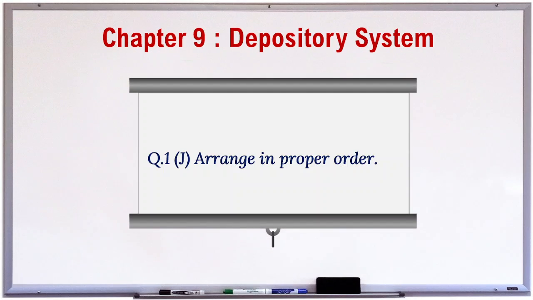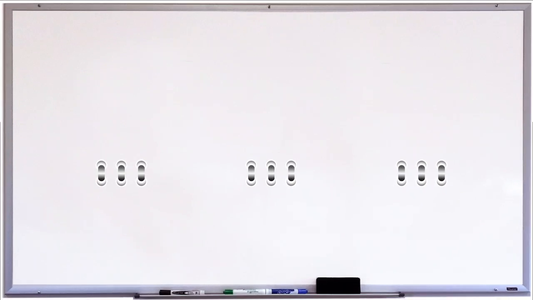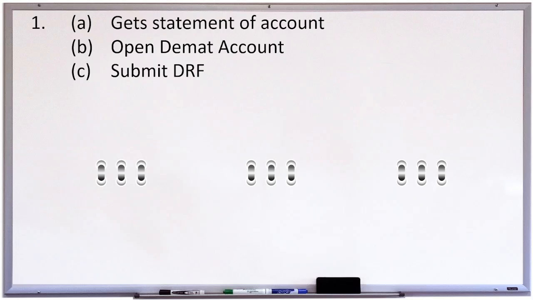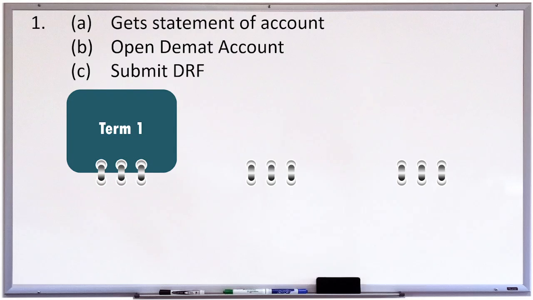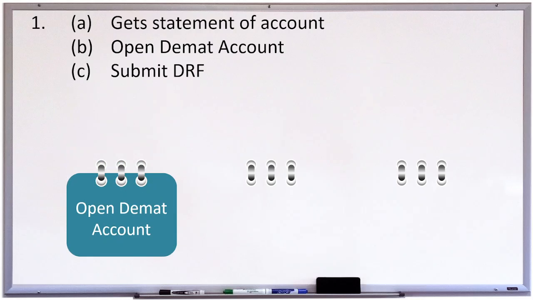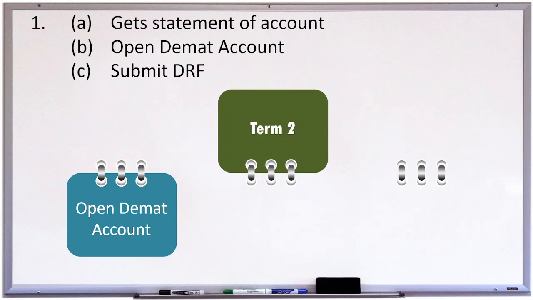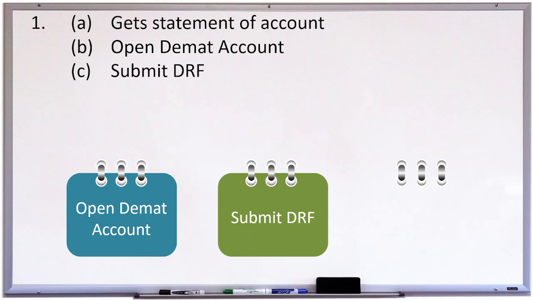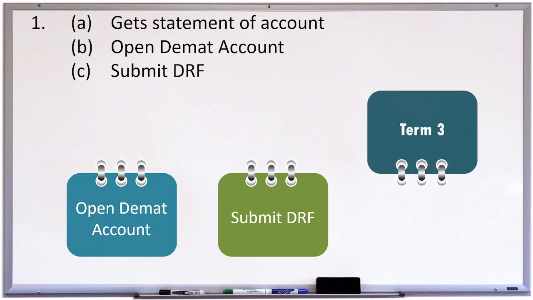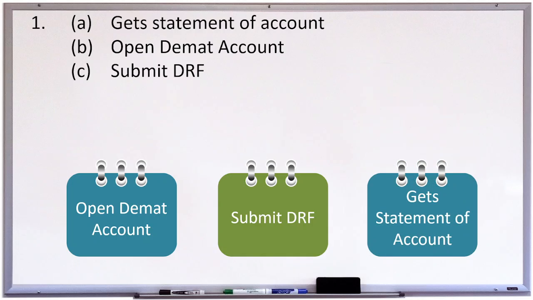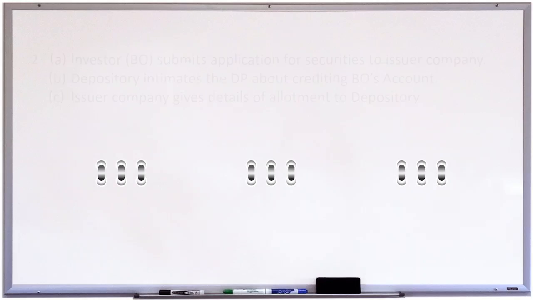Question 1. J. Arrange in proper order. 1. A. Gets statement of account. B. Open demat account. C. Submit DRF. Term 1. Open demat account. Term 2. Submit DRF. Term 3. Gets statement of account. 2.